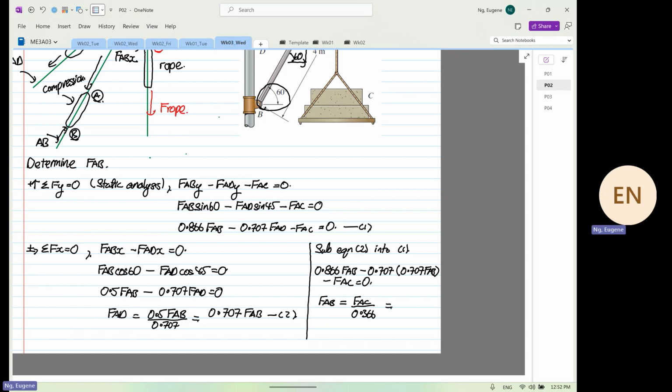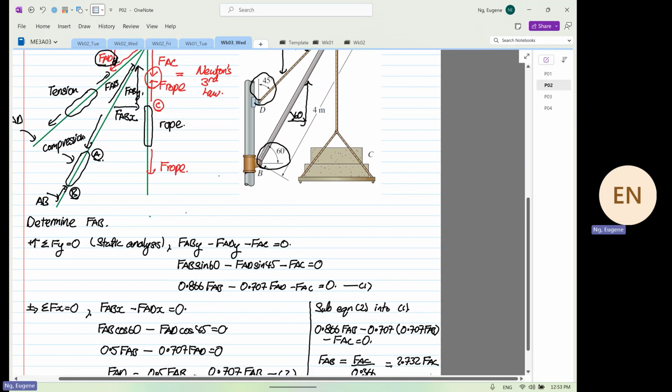So 1 divided by 0.366 is equal to 2.732, so 3.732 FAC. So now we have done what we can. That's all we can do for now.